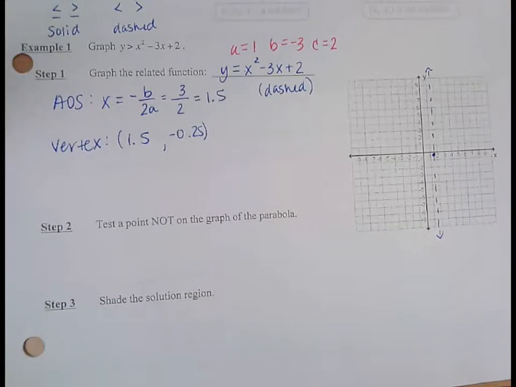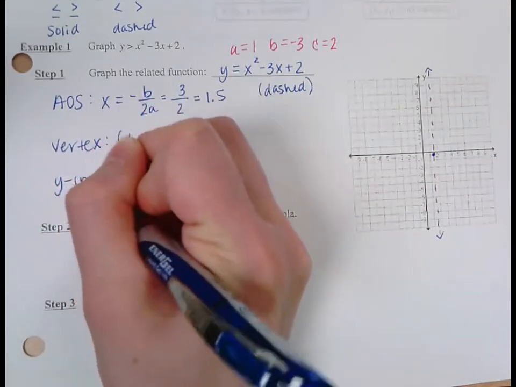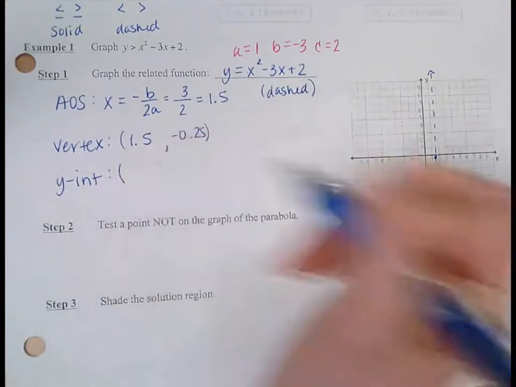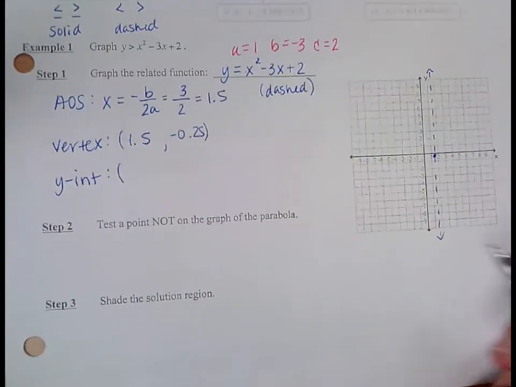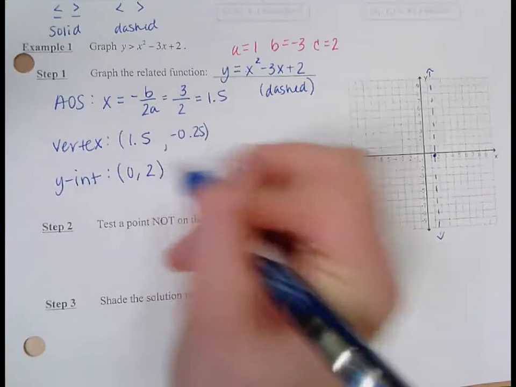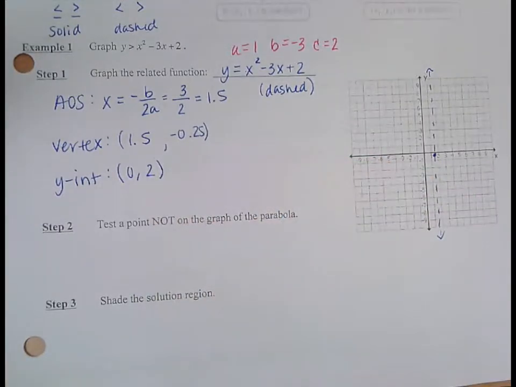All right, and then again, because this is just graphing, I do want you to have 5 points. So what's another point we can find? The y-intercept. And what is that? 0, 2, or just if you had 2, if I asked you for the y-intercept, if you just had 2, that's fine.